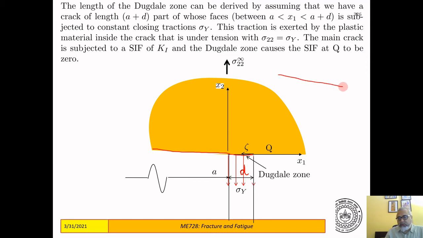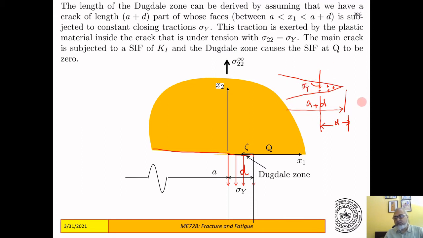We solve this problem where here we have a crack with a length of A plus D, where part of the crack of length D has closing traction given by sigma y.